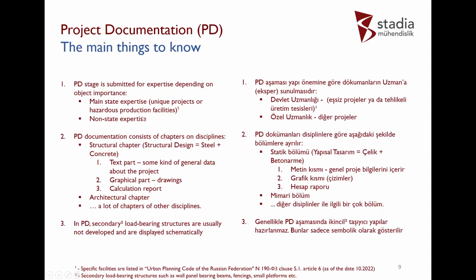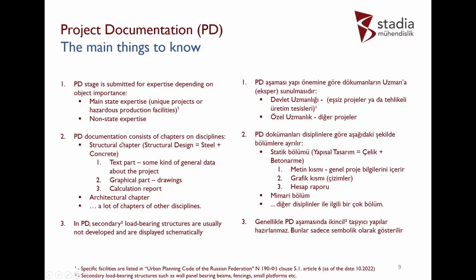The second point which should be mentioned is that project documentation consists of chapters on disciplines, such as the structural chapter, which is steel plus concrete: text part, graphical part, and calculation report. Actually, all this project documentation is like, let's call it, a book.